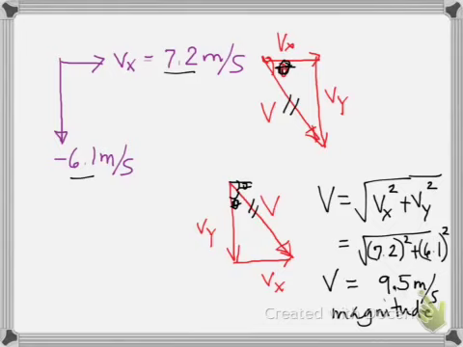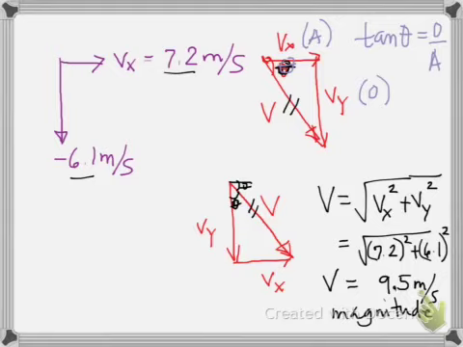So since we know the location of your Vy with respect to the angle, this is our opposite and this is our adjacent. And to find the angle, what function will you use if you know the opposite and the adjacent? It should be tangent. Okay, so tangent is opposite over adjacent.